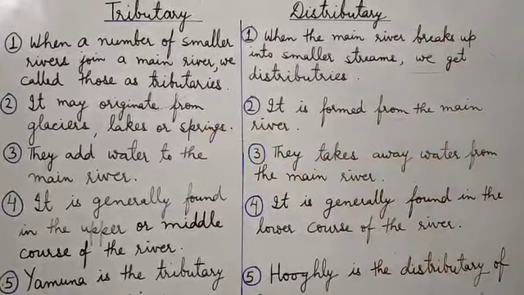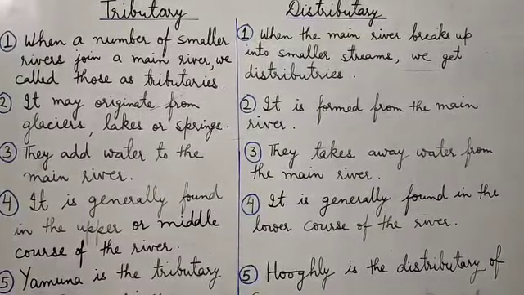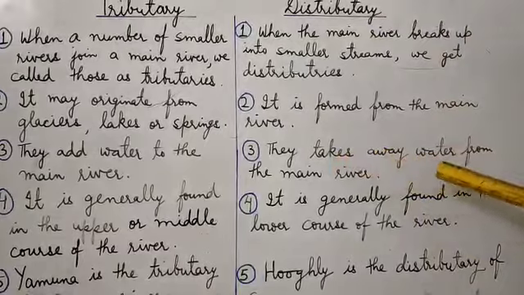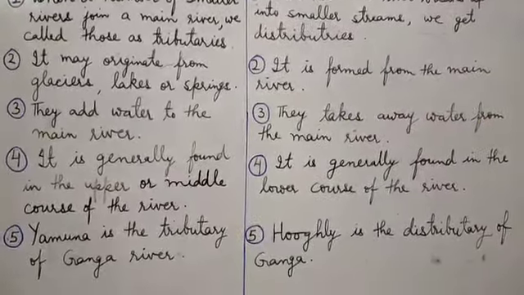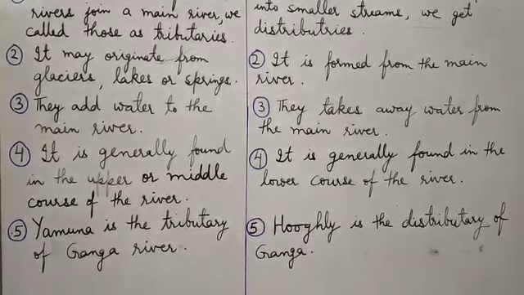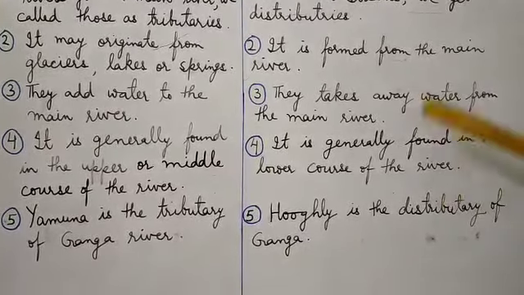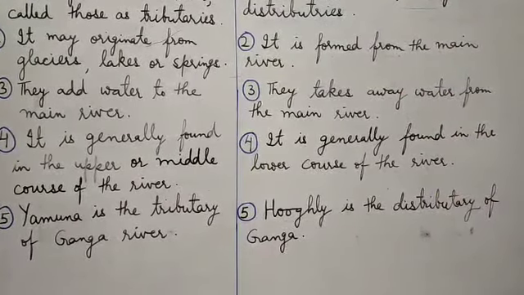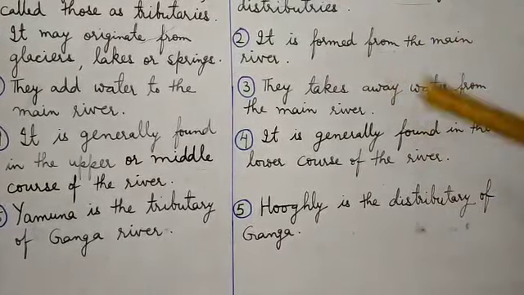So they give strength to the main river. Whereas distributaries take away water from the main river, and in this way they decrease the volume of water and also weaken the main river.